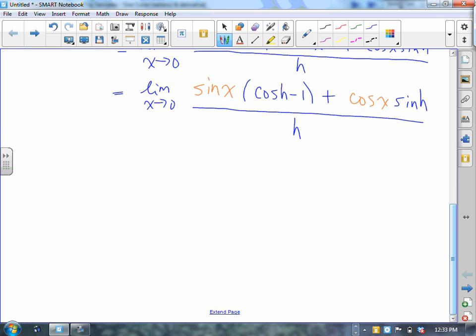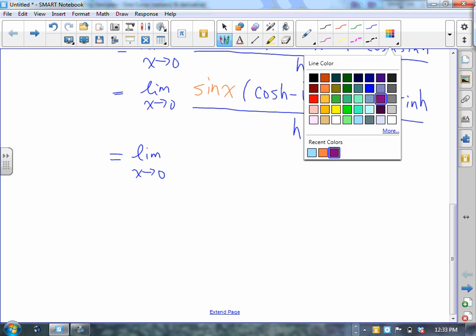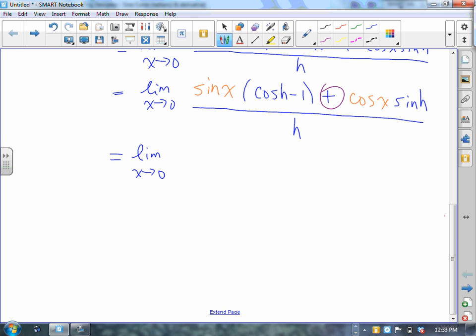Okay, so far so good. What we're going to do now is focus only on the parts that incorporate an h. Remember that there are particular limit properties. The limit properties tell us that, due to this addition, we can split this expression into two fractions.